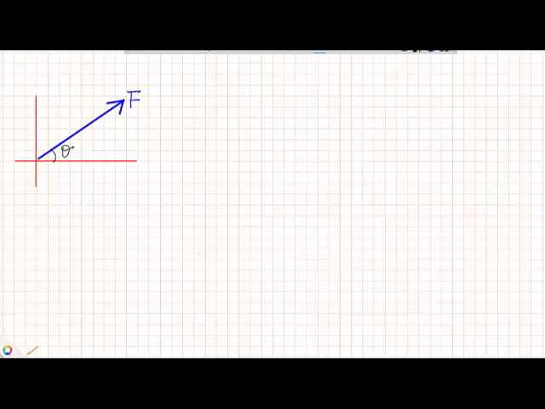We have force F here, which has an angle theta with the x-axis. So we'll resolve this force into x and y components and calculate the value for each one of them. This will be the x component, and this will be the y component.